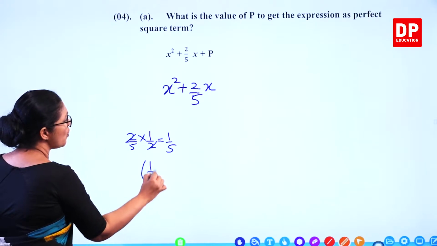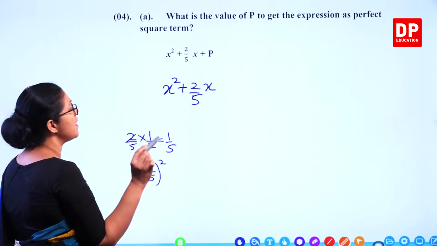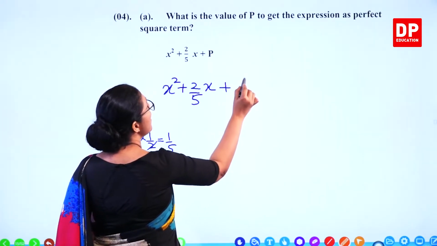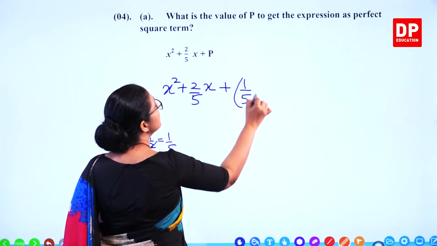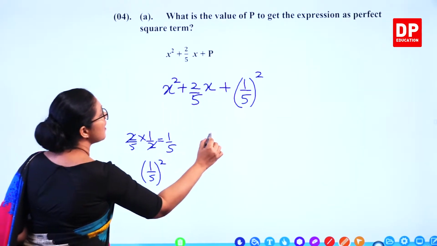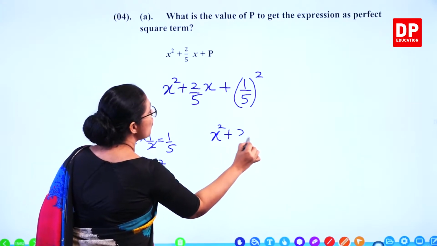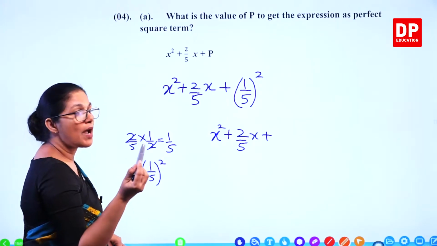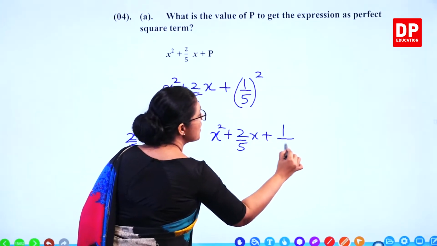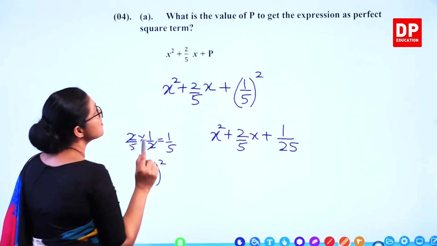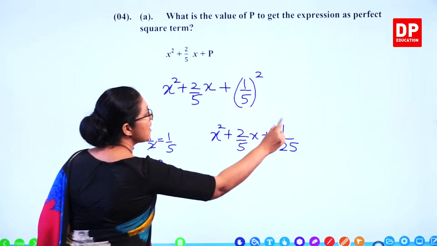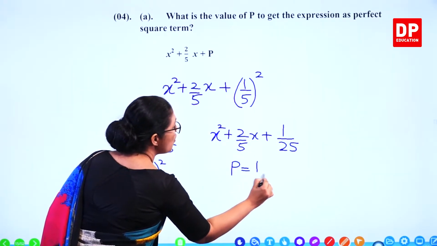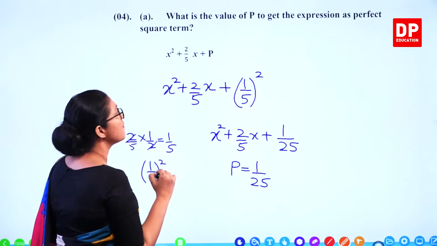That's the constant you have to add. So when you add 1 over 5 squared, what do you get? x squared plus 2 over 5 x plus 1 over 5 squared, which means 1 over 25. So what's the constant you have to add? So p becomes 1 over 25.